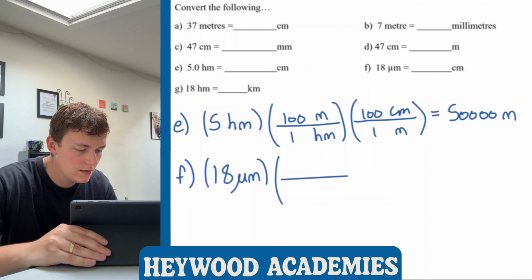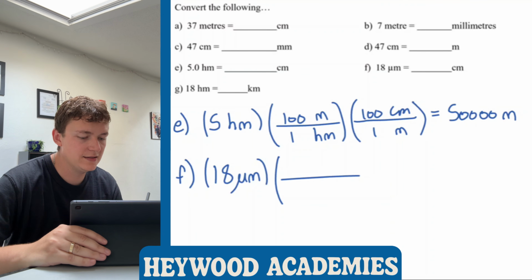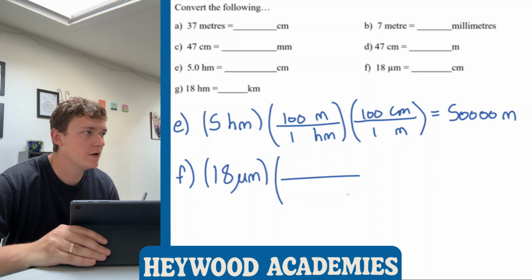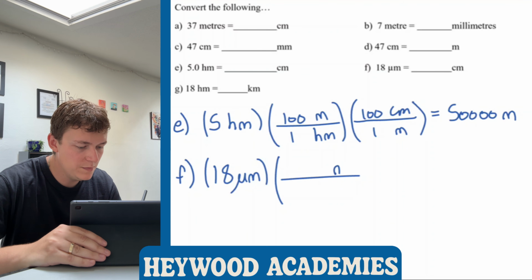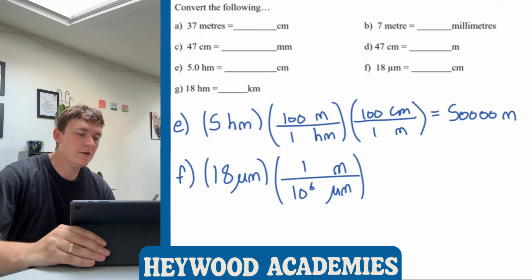centimeters. Okay, so for this one, when the numbers start to get really small, it gets a little bit tedious writing all these zeros over and over again. So I'm going to use scientific notation to make this a little bit easier to work with. So I want meters, I want to get rid of micrometers, and what I'm going to do is I'm going to say 1 meter is 10 to the power of 6 micrometers.